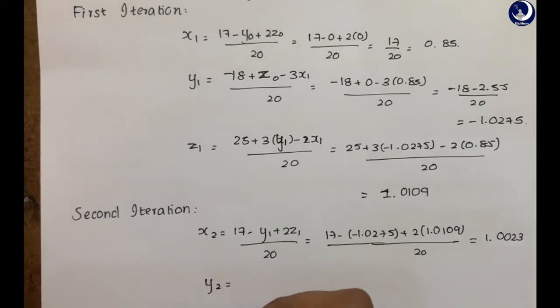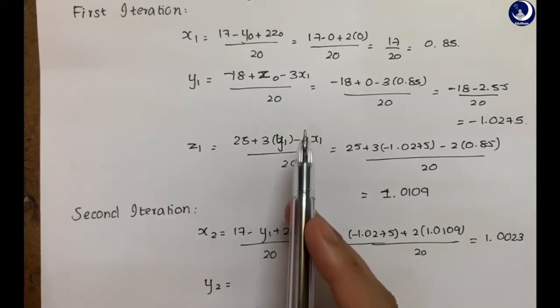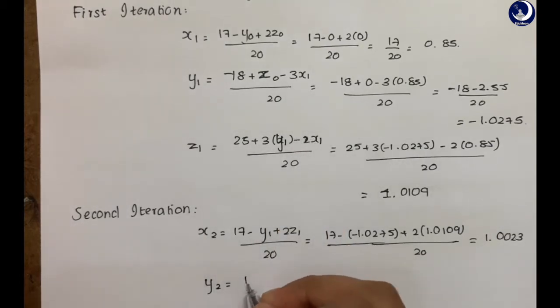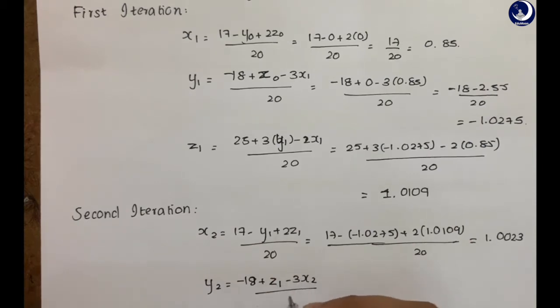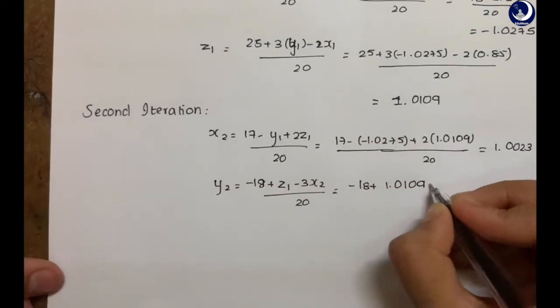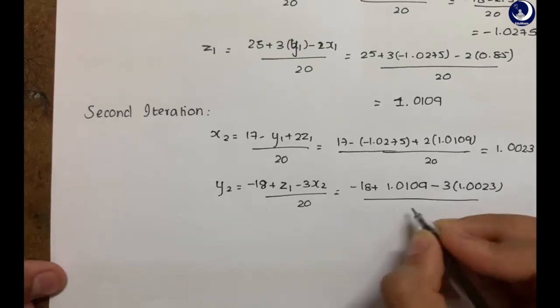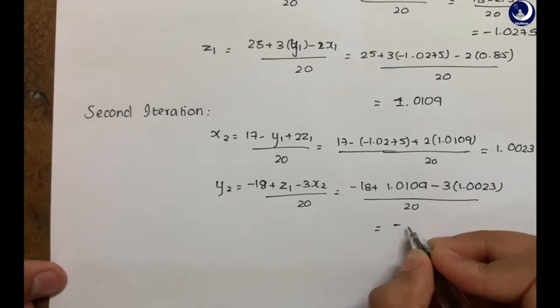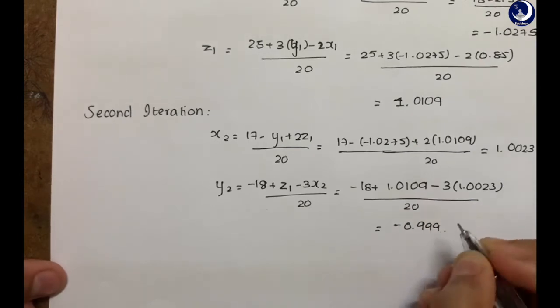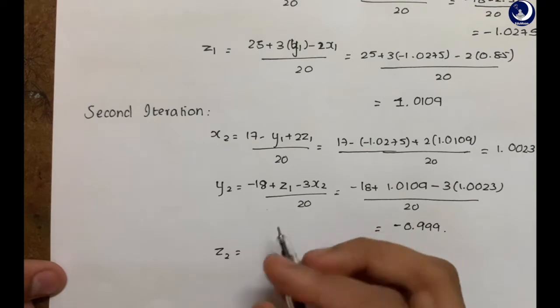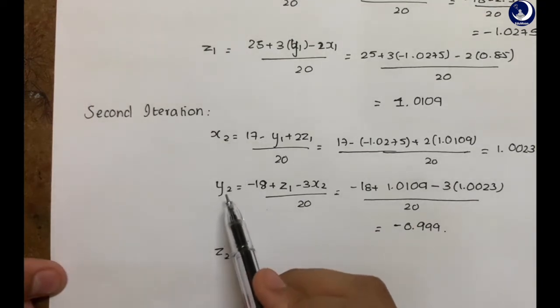For y2, let's substitute x2 and z1 values in the equation. For z2, we'll substitute x2 and y2 in the equation.